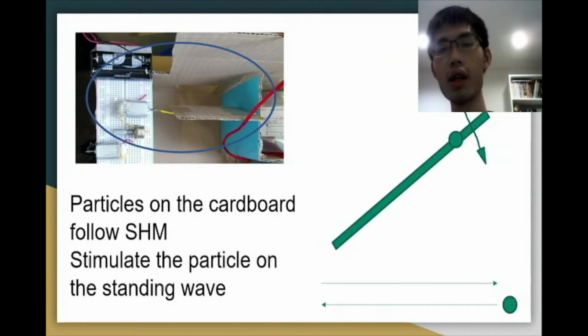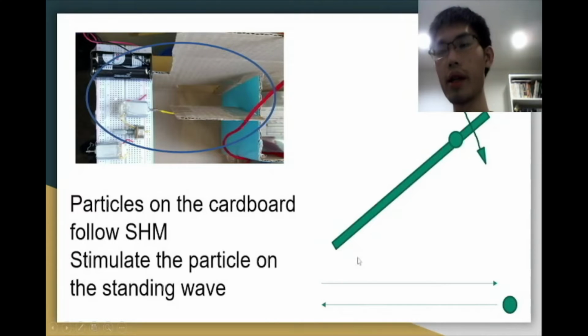And actually, we view every particle on the cardboard as following simple harmonic motion. So we are actually using the particles on the cardboard to simulate the movement of the particles on the standing waves.